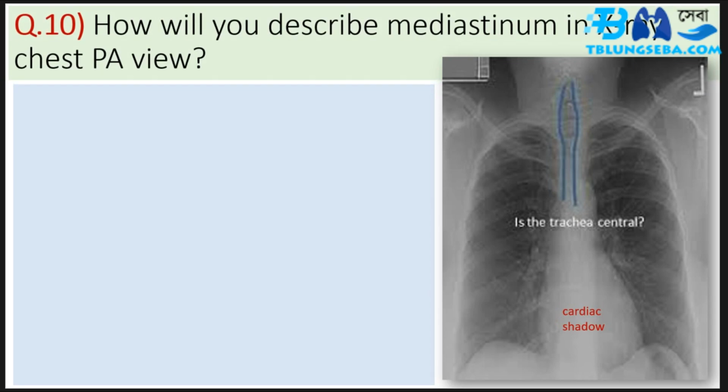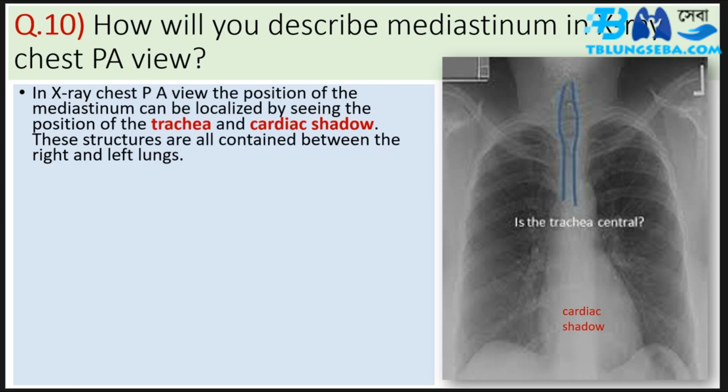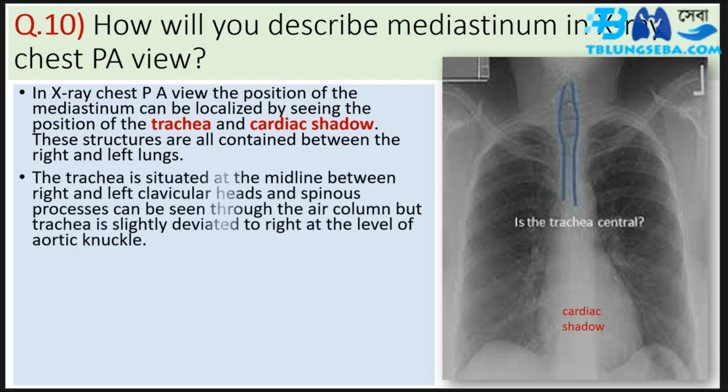Q.10. How will you describe mediastinum in X-ray chest PA view? In X-ray chest PA view, the position of the mediastinum can be localized by seeing the position of the trachea and cardiac shadow. These structures are all contained between the right and left lungs.